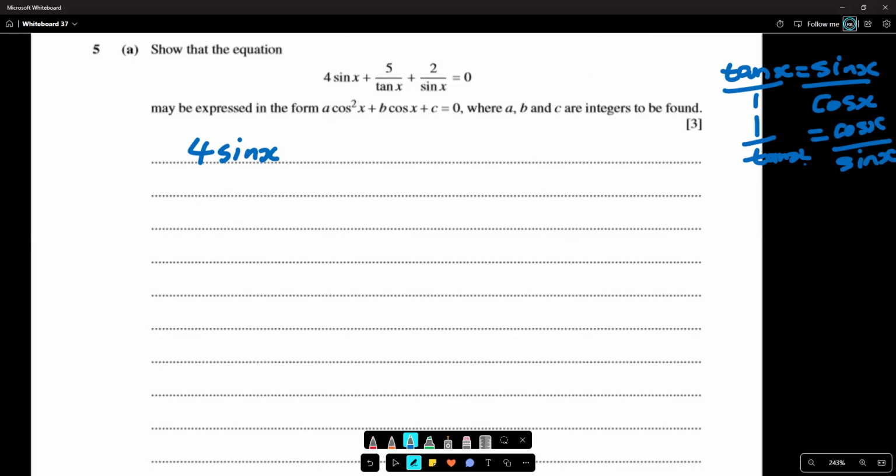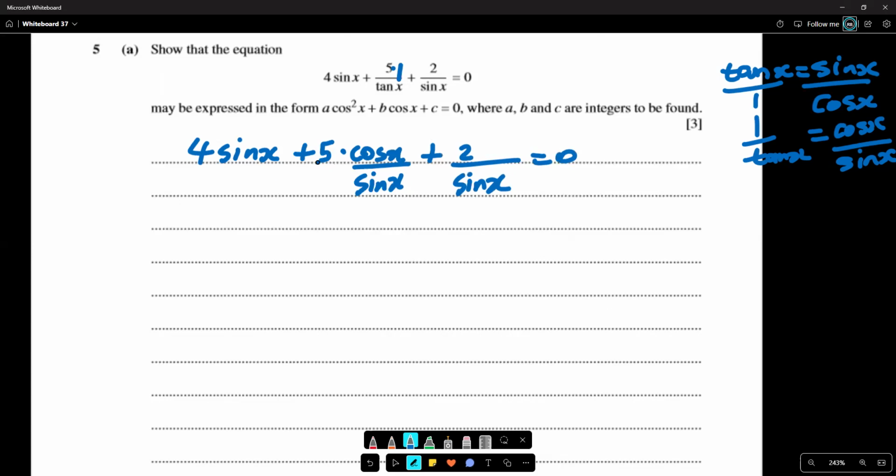And then in this case, here I have plus 5 multiplied by 1 over tan x. Remember, if it's at the bottom, it means I can introduce a 1 here. So it's 5 multiplied by 1 over tan x, which gives us cos x over sine x. So cos x over sine x plus 2 over sine x equals 0.